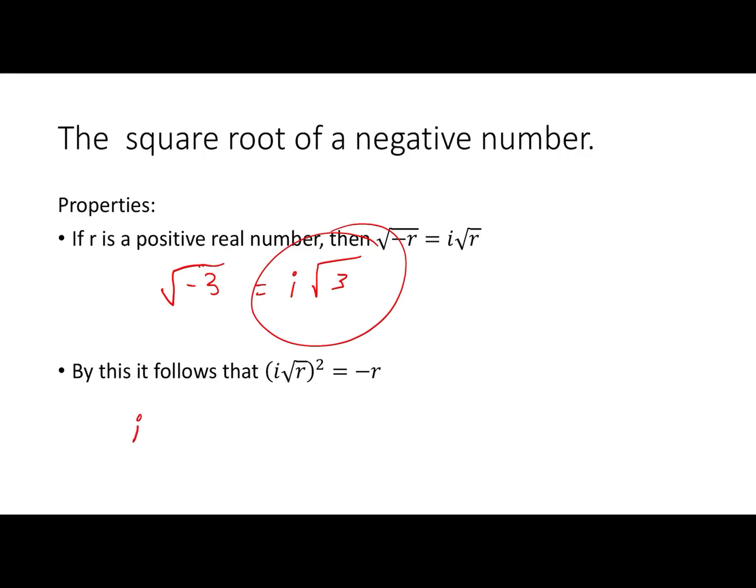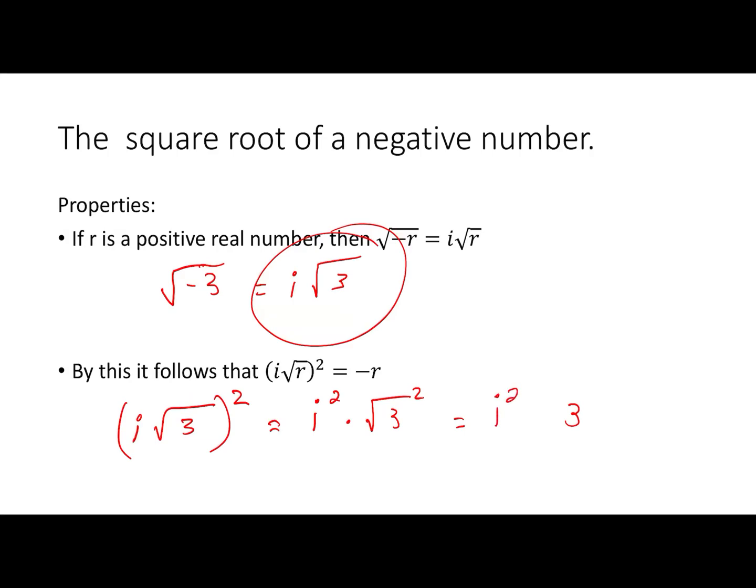Now let's say that we took i times the square root of r and squared it. Let's make that an example using the one above. Using our exponent rules, we know that everything inside gets multiplied by itself, or gets squared. The square root of 3 and the square will cancel out, so we're going to be left with the 3 by itself.